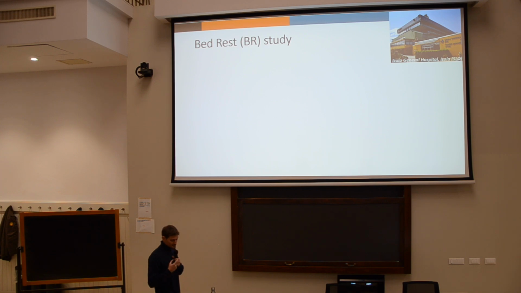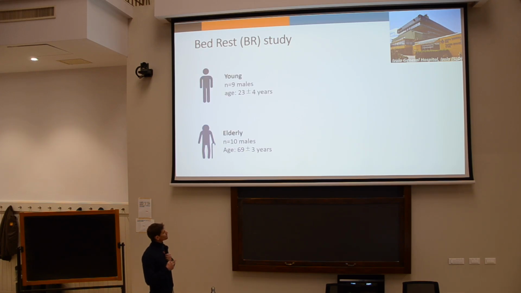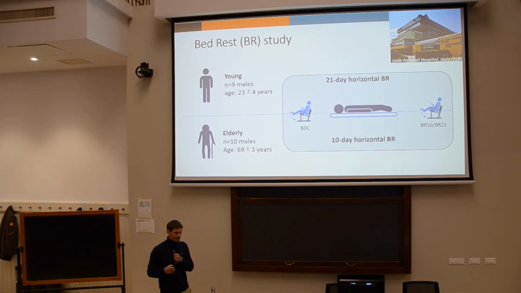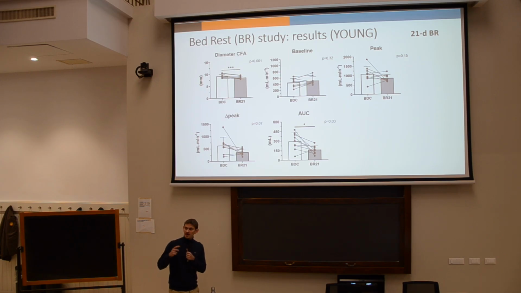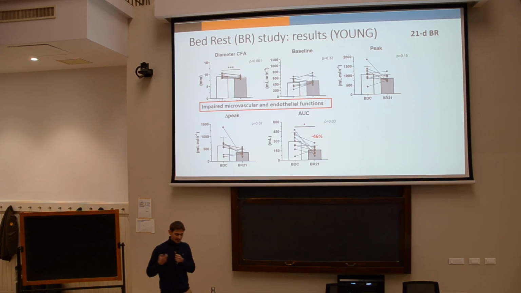The bed rest study was carried out at the General Hospital of Izola in Slovenia. We enrolled a group of young individuals and also a group of elderly individuals, who underwent respectively a 21-day or a 10-day horizontal bed rest. What about the results? In the young, after 21 days of bed rest, we observed a significant decrease of the common femoral artery diameter and also signs of reduced hyperemic response, indicative of impaired microvascular and endothelial function.